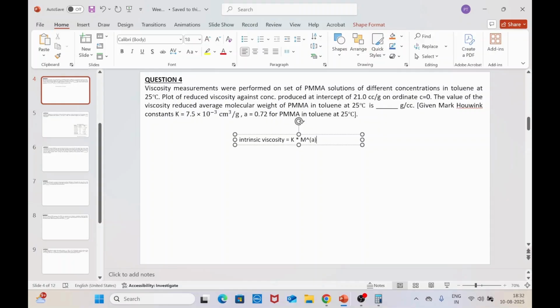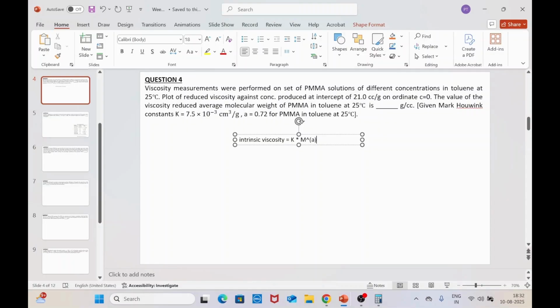Now you are given the reduced viscosity. As far as viscosity is concerned, there are different types of viscosity. Here what you have is a reduced viscosity, but we know that the plot of reduced viscosity against concentration has an intercept of 21 cc per g at the ordinate c equals 0.